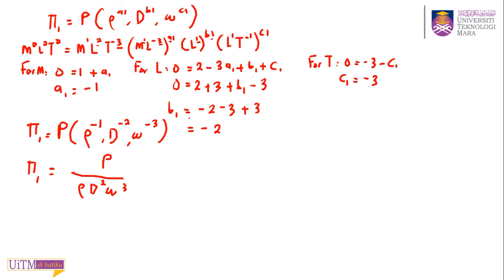So B1 equals minus 2 minus 3 plus 3, I got minus 2. How did it become 5? Can someone help?